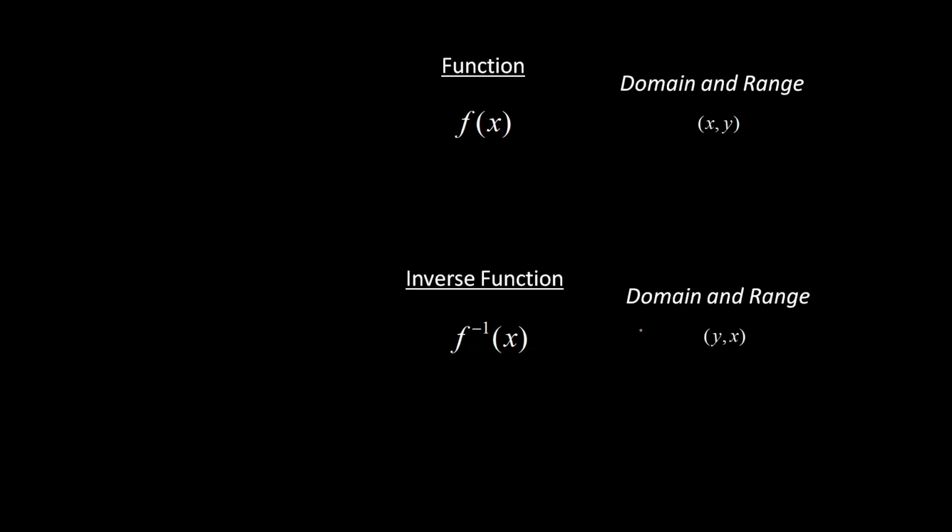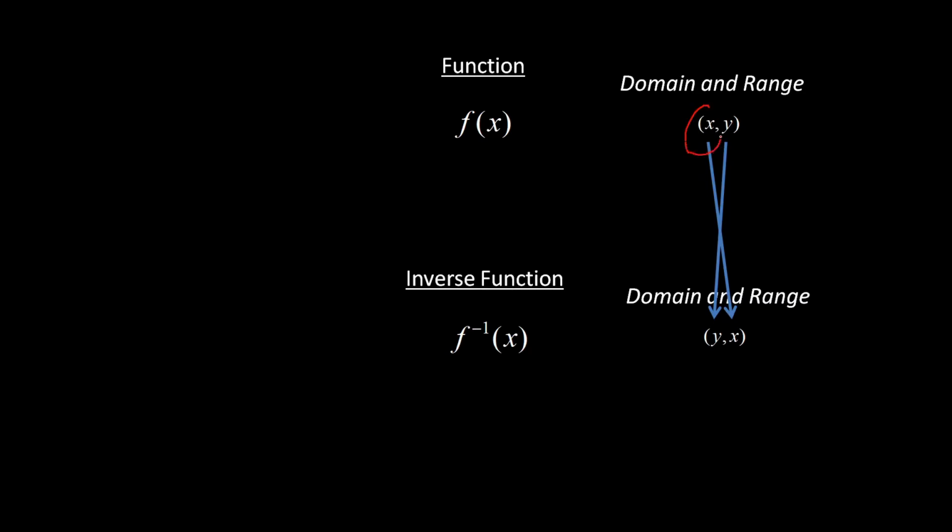Now an inverse function has a domain that's y and x. In other words, the inverse function switches the domain and the range. It just switches them. That's what an inverse function does.